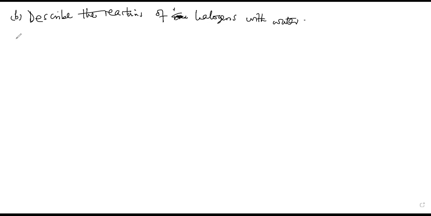So we shall begin with fluorine. This reaction with water, very common. So when they say describe, you have to tell us if there is any condition, there's any exemption, everything.